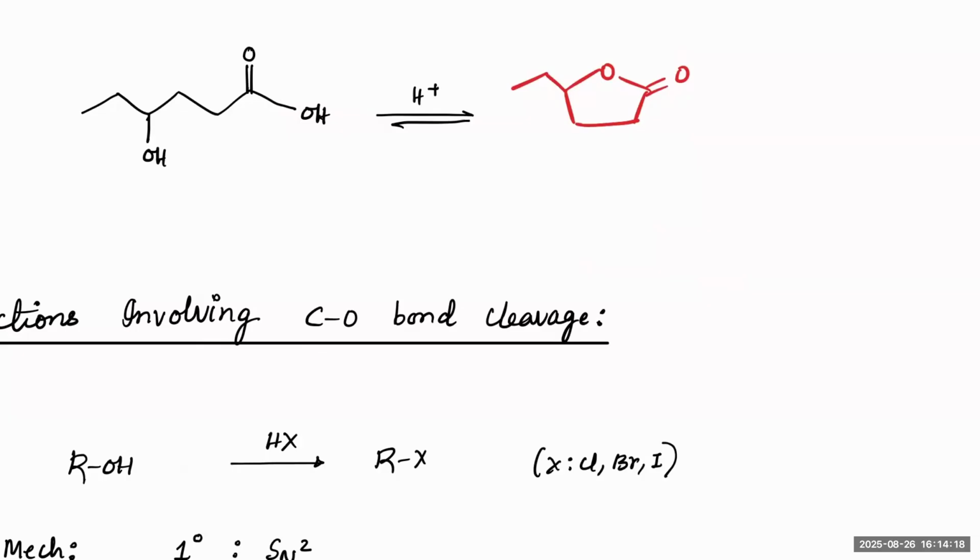Like this, we have 1, 2, 3, 4, 5. It is with respect to oxygen. The first one is alpha, beta, gamma, delta. So this is called delta lactone. Lactone is a common name for cyclic esters.